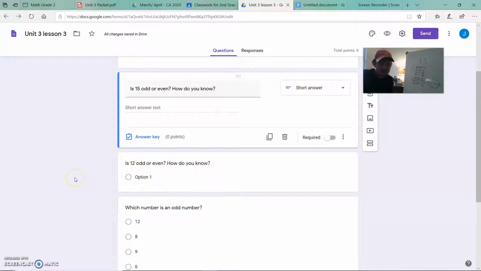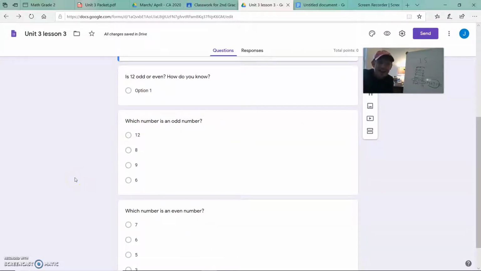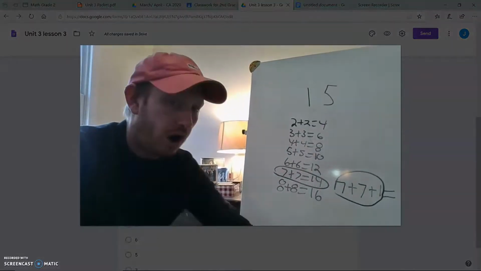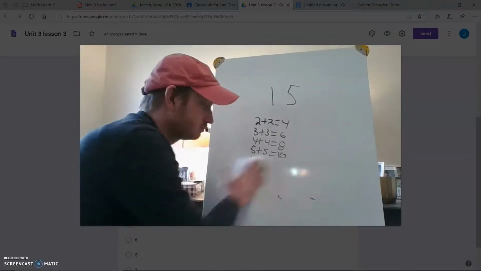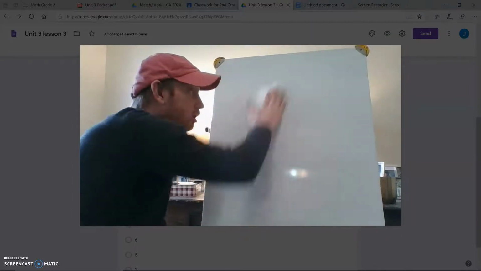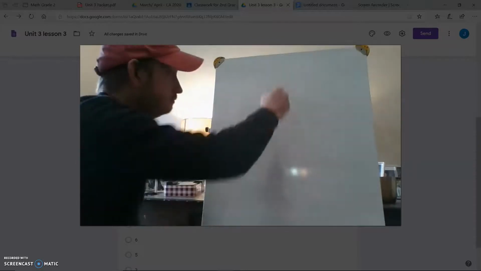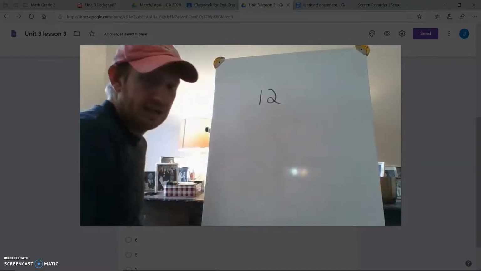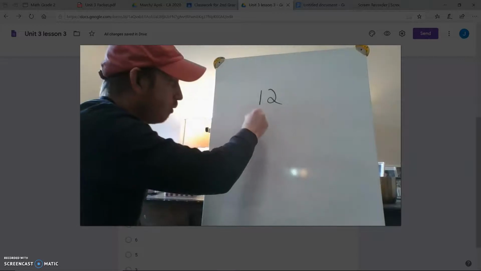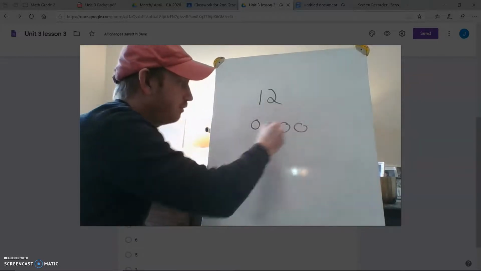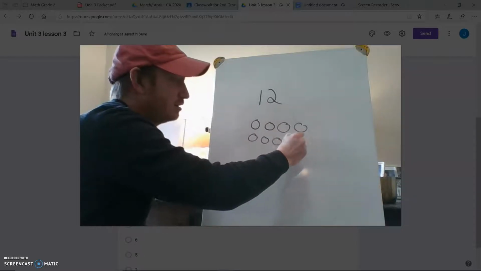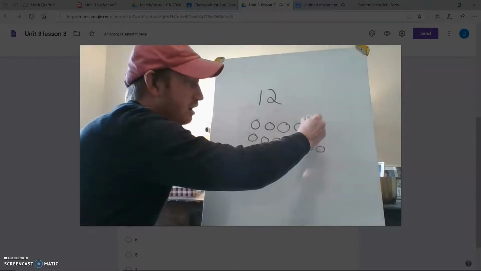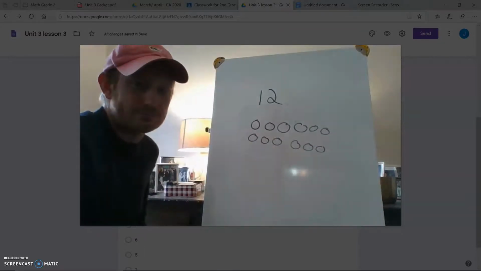The next question says, is 12 odd or even? How do you know? Well, I'll do this one with pictures. So our new number is 12, and I'm going to draw it out. 1, 2, 3, 4, 5, 6, 7, 8, 9, 10, 11, 12.